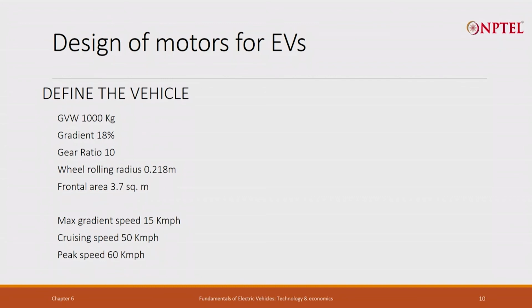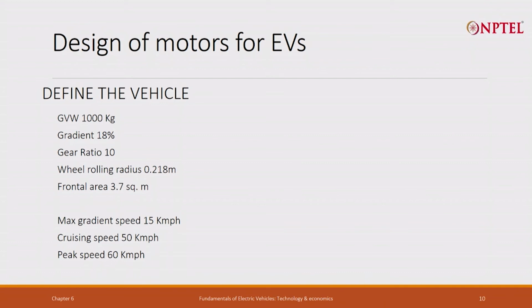The weight of the empty vehicle, what is it called? Curb weight, KERB. Curb weight is the weight of the empty vehicle, and the additional load that is going to be put on top of the vehicle in the form of either luggage or passengers, that additional load is the useful load which the vehicle is carrying.